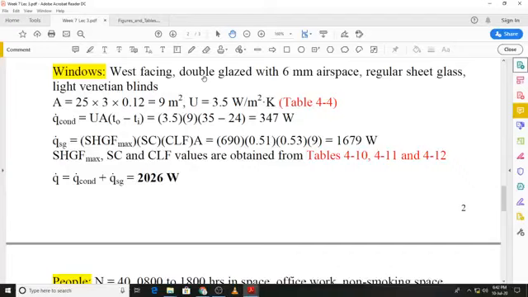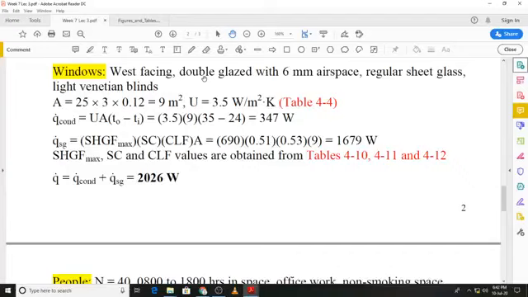If you recall, the loads can be divided into two broad categories: the external loads from exterior surfaces, which are those directly exposed to solar radiation, and the internal loads. In addition to that, you will have the ventilation load.